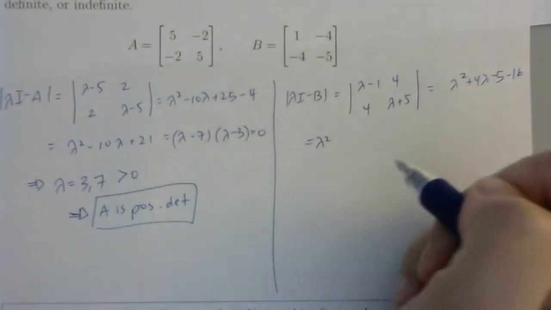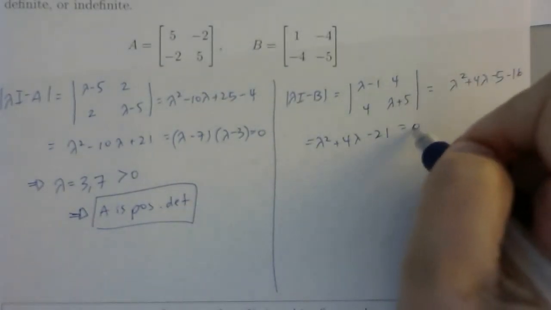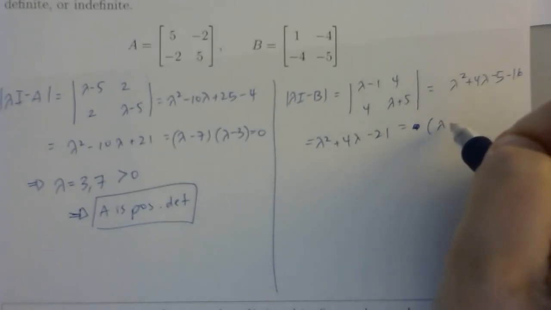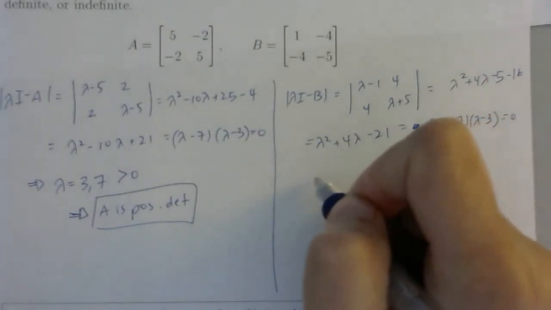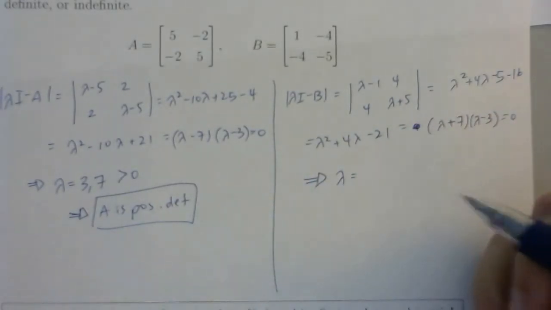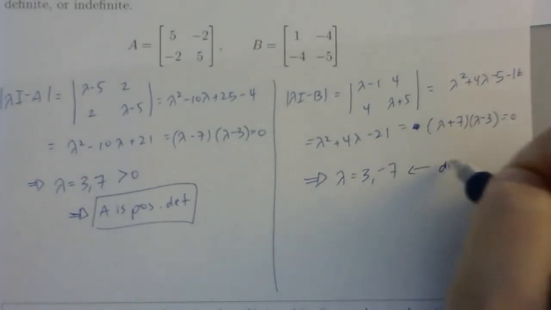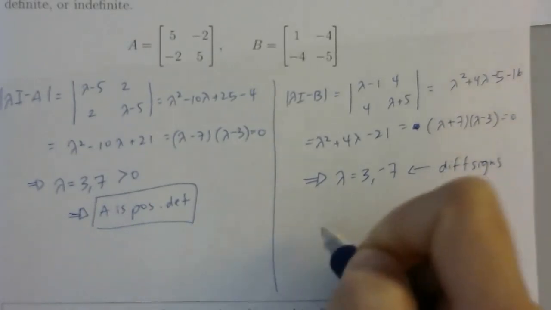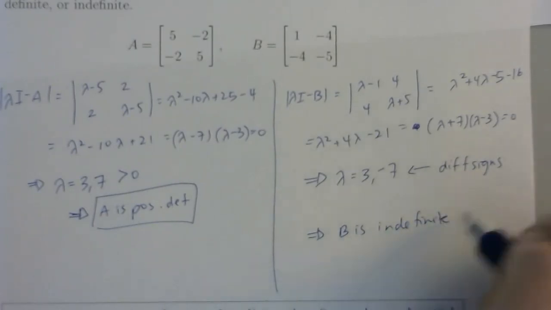So lambda squared plus 4 lambda minus 21, which I then can factor as lambda plus 7, lambda minus 3, and set that equal to 0. Is that right? That looks good. Okay, so lambda now is 3 and minus 7, which are different signs, which implies that B is indefinite.